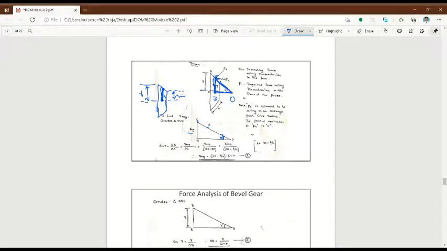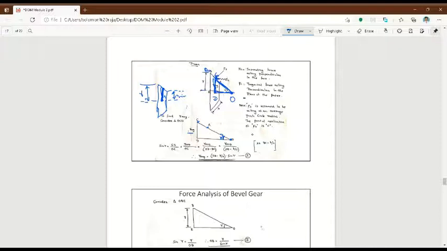Now let us take this OC. Instead of writing OC, I can write OB minus BC.